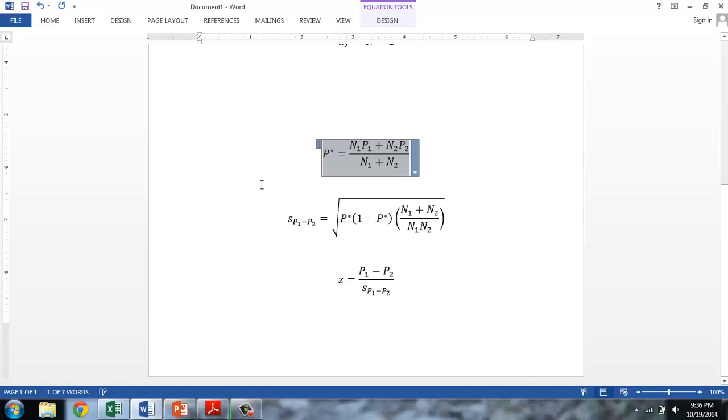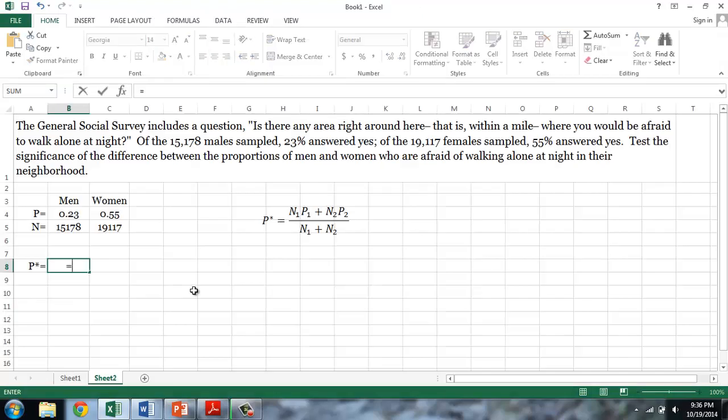The first step is to calculate p star, or the total sample proportion. It is equal to, in parentheses, n1, or the sample size for males, times the proportion of males, plus the sample size for females times the proportion for females, close parentheses, divided by, and again we need to put the denominator in parentheses as well, the sum of the two sample sizes.